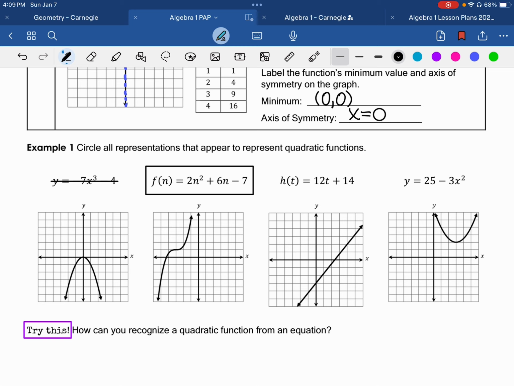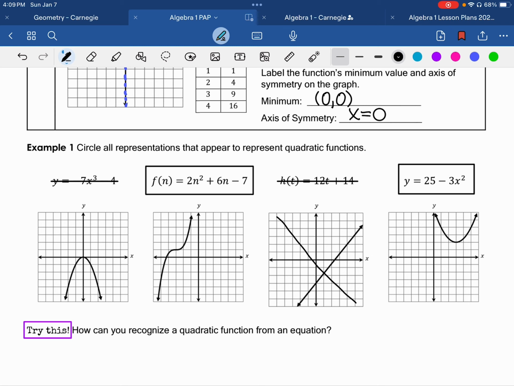The next one would not be a quadratic function because I see just the single variable t. This one would be a linear function because it has the single variable. And then in the last one, I see the x squared once again, so there's my second one. Now, remember, as I look at the graph, I'm looking for a U shape.